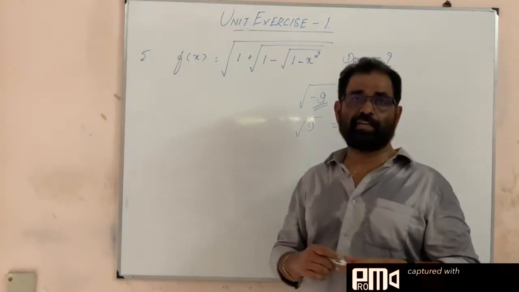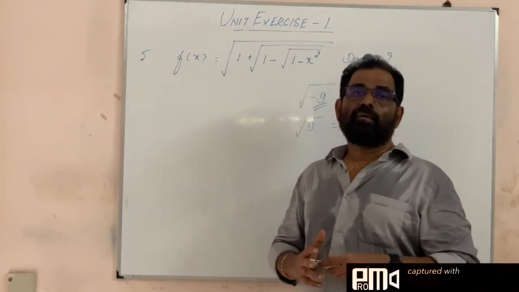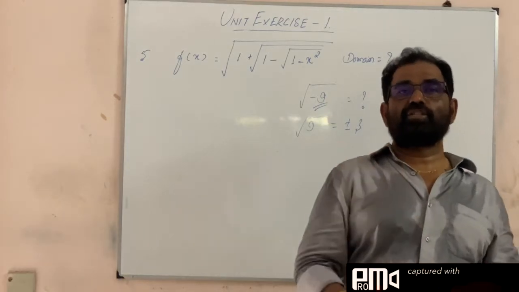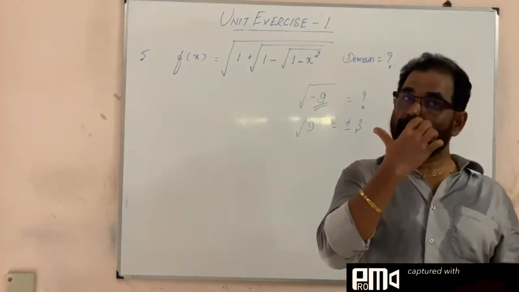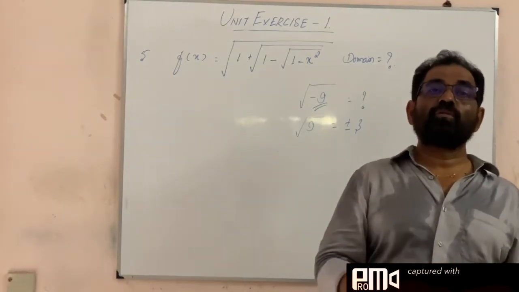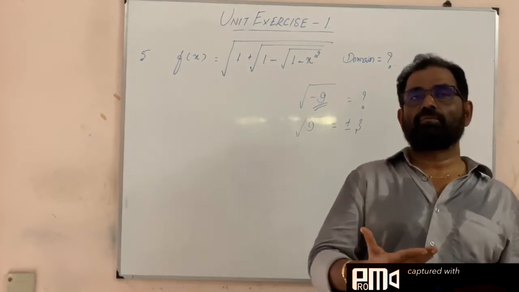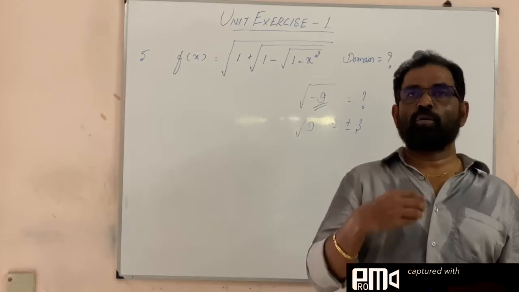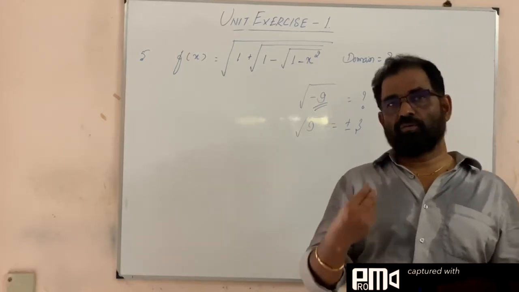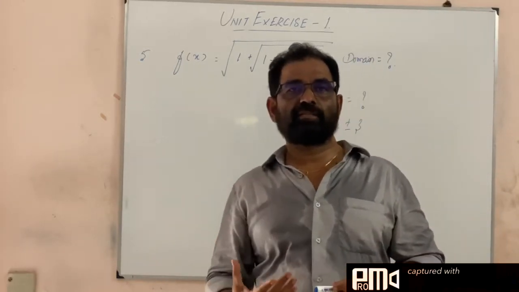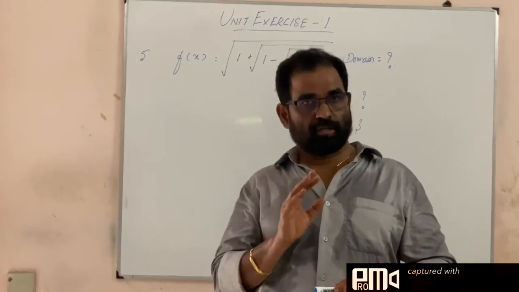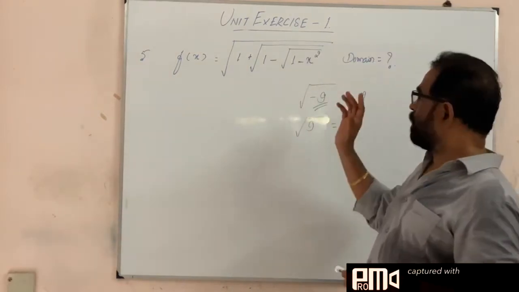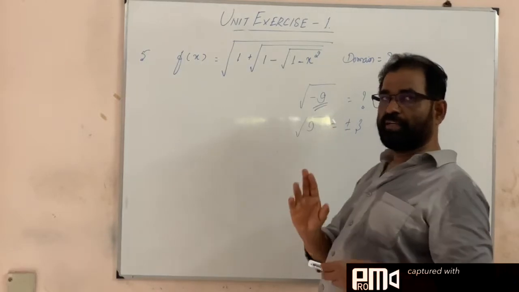Inside the square root sign, the numbers must be greater than or equal to 0. For less than 0, we cannot find the square roots. What is the square root of minus 1, minus 4, minus 2, minus 3? Not at all possible. For positive values and 0 only, you can take the square root.